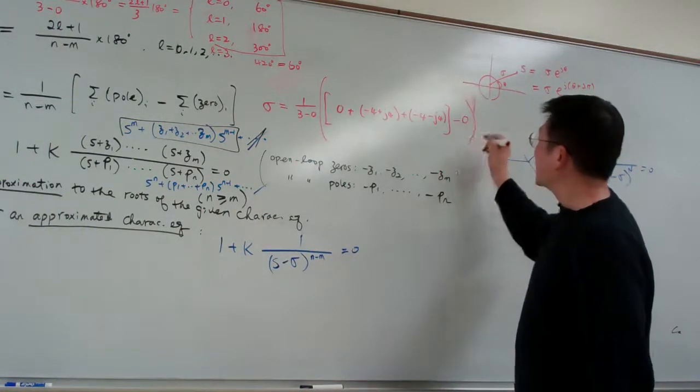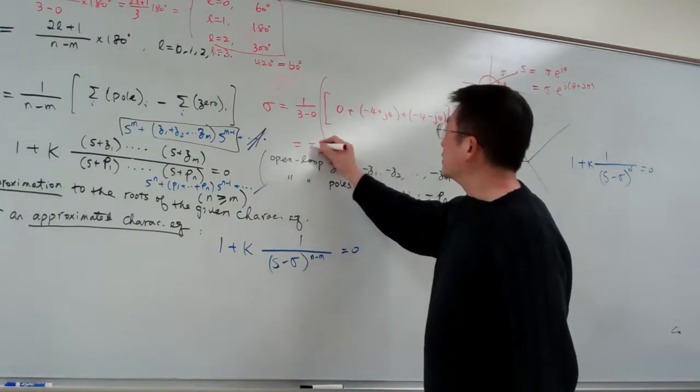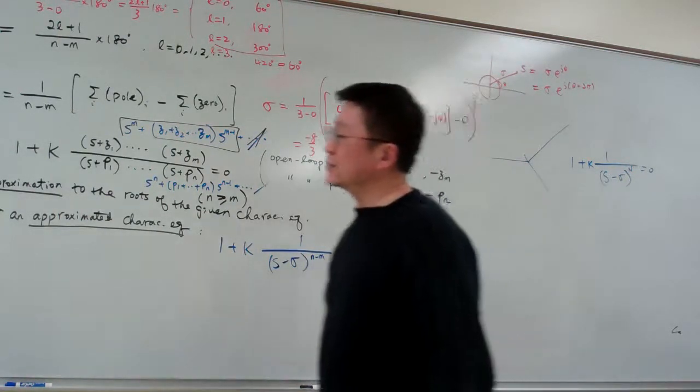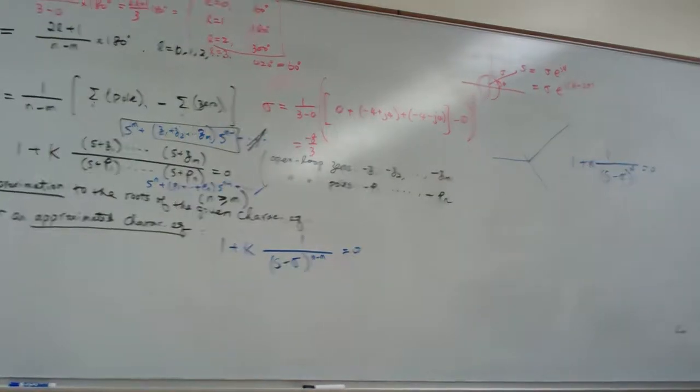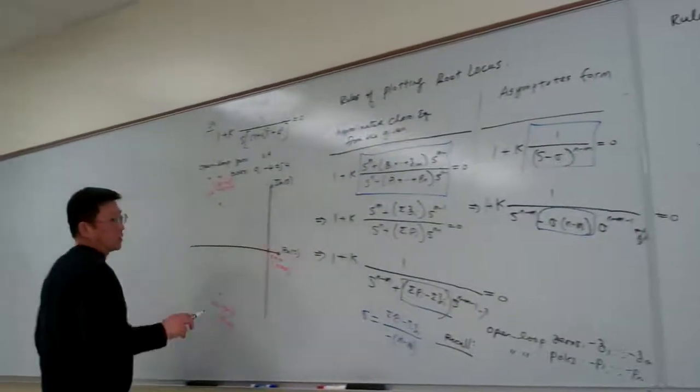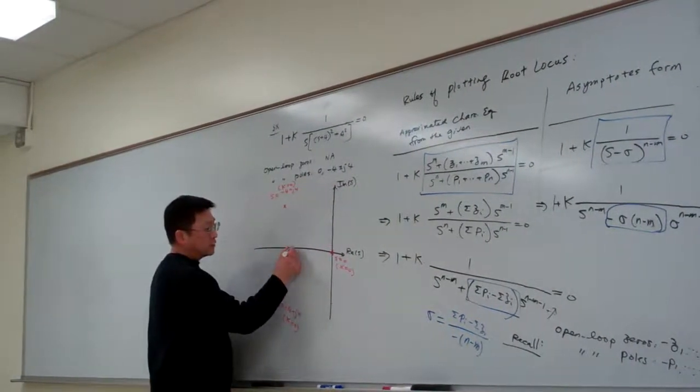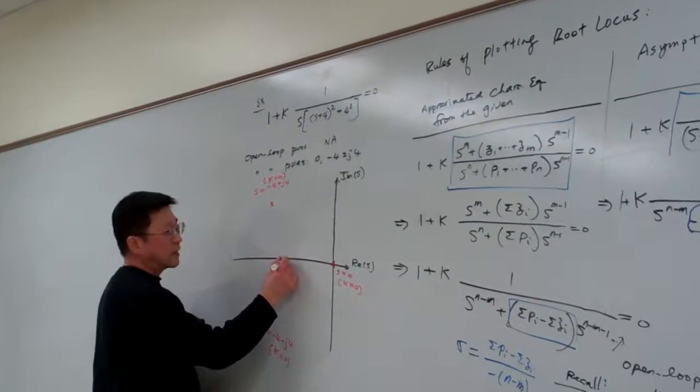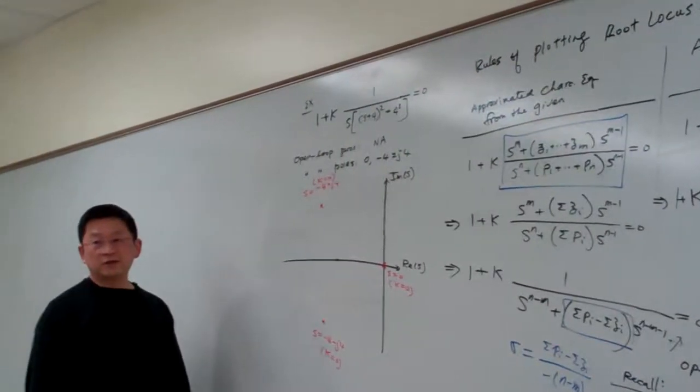So for this case that will be minus 8 over 3, so about here. That is our intersection of the asymptotes.